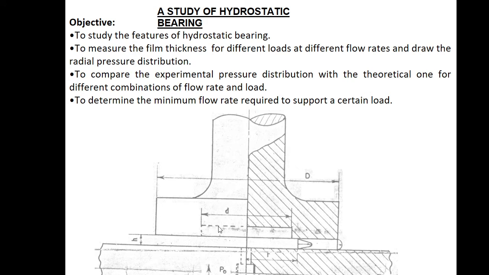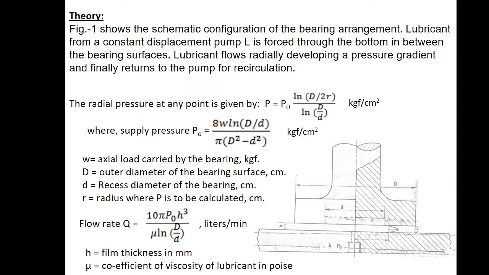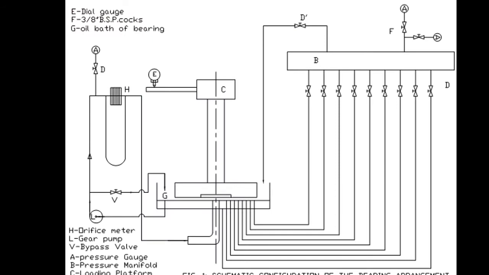You note, this is what is there within the experimental setup. This is the schematic diagram of the experimental setup. This is the basic bearing that we are talking about.